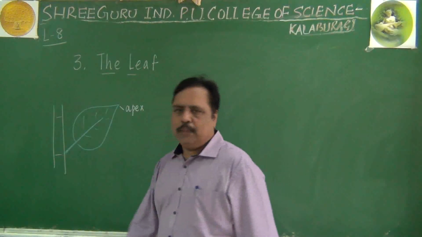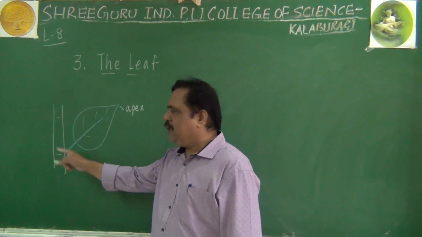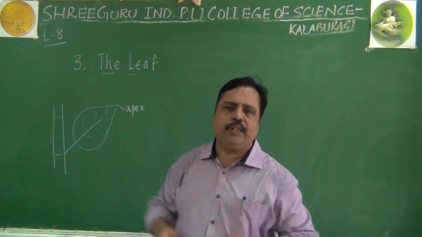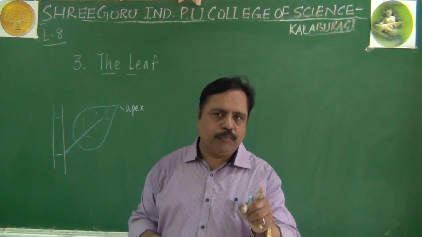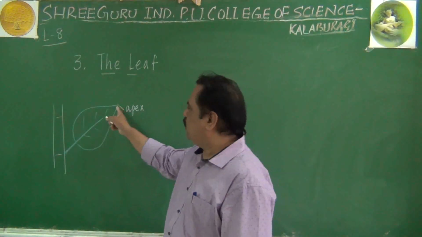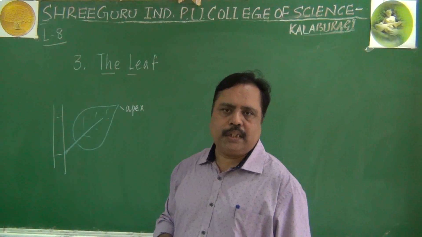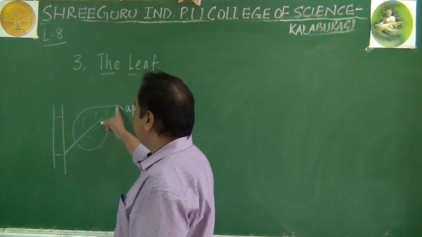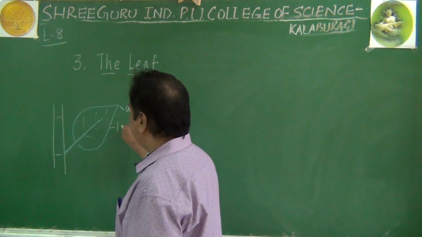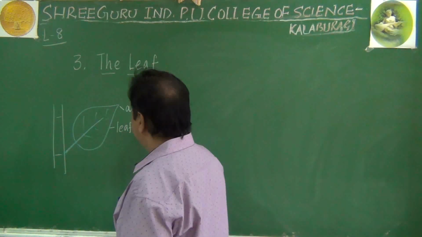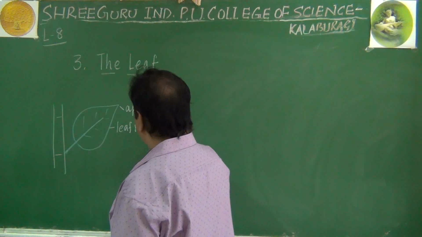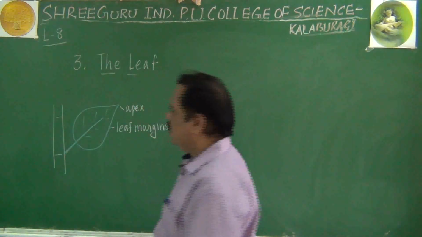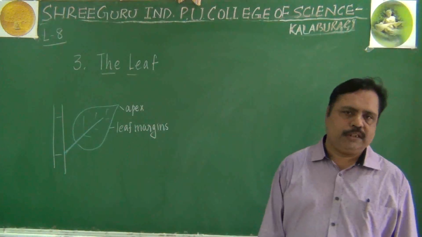While the point of attachment of the leaf with the stem is called leaf base, the tip is called apex, remember. The end margins of the leaf are called leaf margins. So remember these two words also, leaf apex and leaf margins.